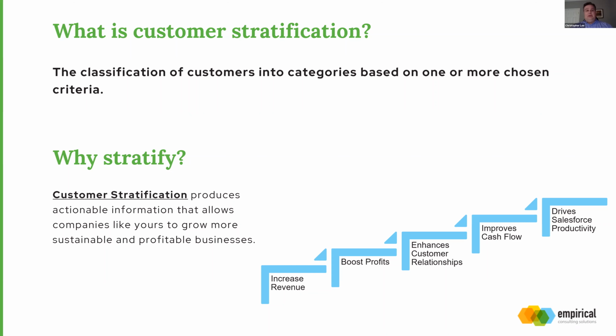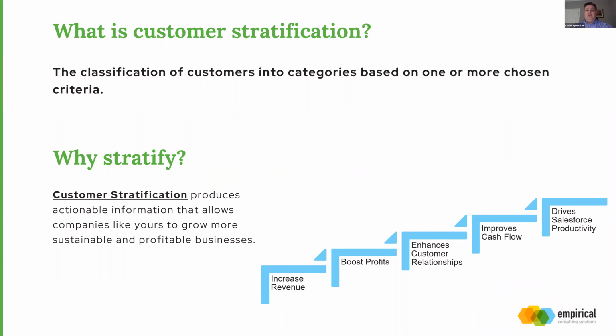It's a long-established business standard that the most direct path to increasing revenues is to discover more opportunity within your existing customer base that enhances your customer relationships. Stratification also provides data to create customer-focused sales strategies that can turn low-margin outlier customers into high-margin customers, significantly improving cash flow.